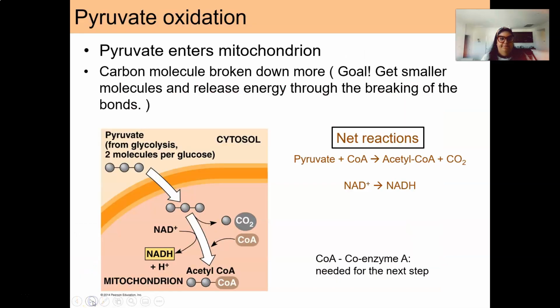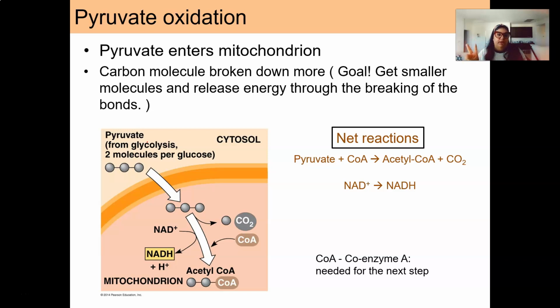All right. So pyruvate oxidation. What does this look like? We were out in the cytosol before for glycolysis, and we made 2 molecules of pyruvate. Right, we had 6 carbons, and we went to 2 molecules of 3 carbons.